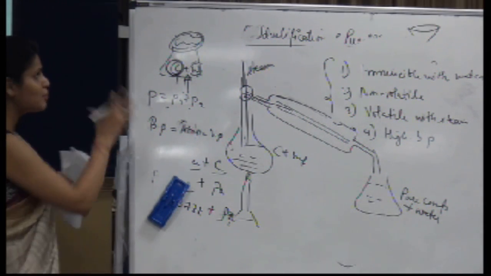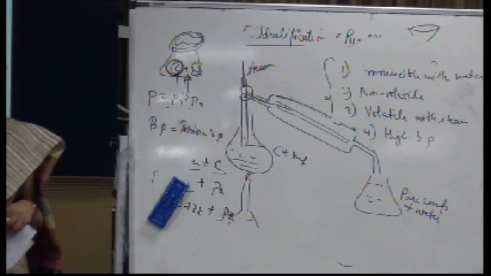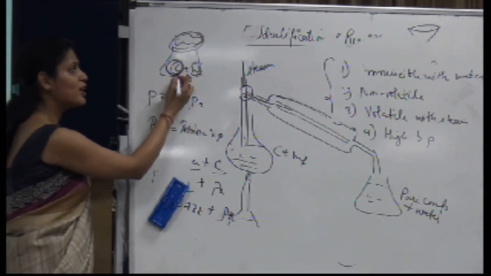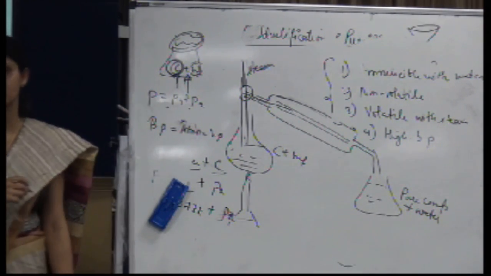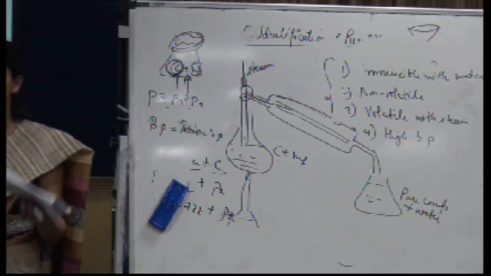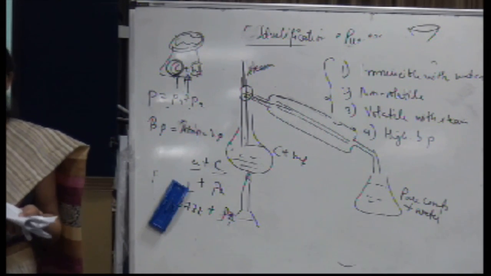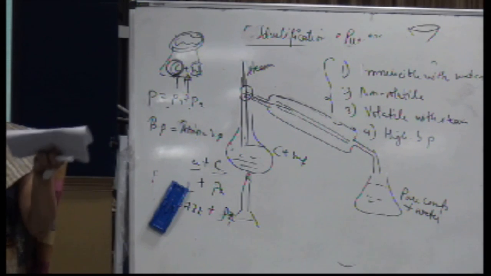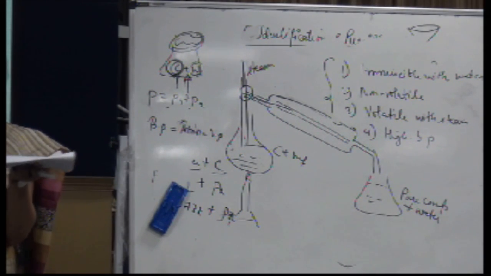So due to the combined vapor pressure, according to Dalton's law, this compound will start boiling before its actual boiling point, because I have changed the external conditions. I have provided that atmosphere that okay, this is now the increased vapor pressure, now you can boil easily.